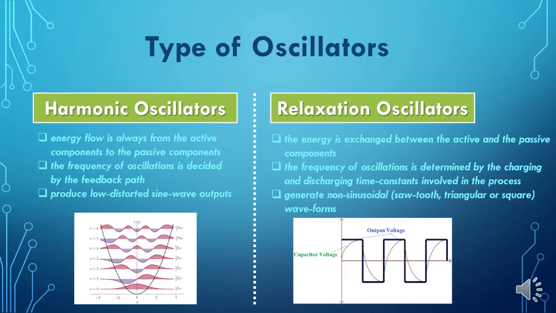Whereas in the relaxation oscillators, the energy is exchanged between the active and the passive component, and the frequency of oscillation is determined by the charging and discharging time constant involved in the process. Further, harmonic oscillators produce low distortion sine wave outputs, while the relaxation oscillators generate non-sinusoidal waveforms, which are sawtooth, triangular, or square waveform.